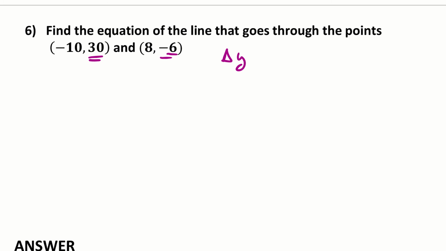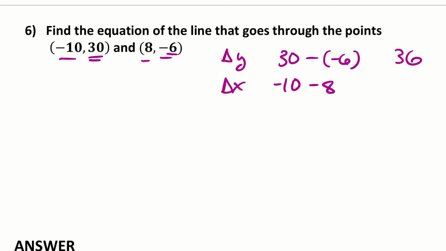So for my change in y, I've got 30 minus -6, which is 36. And then for my change in x, I'm going to go in the same order, so I'm going to just say -10 minus 8. So I'm looking at -18.